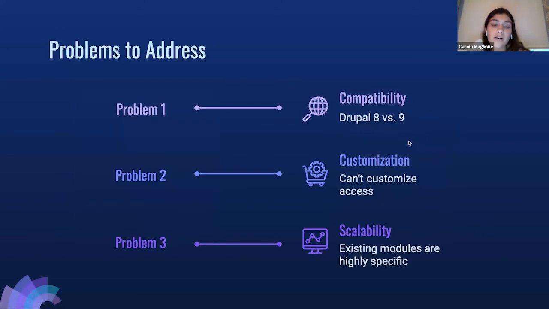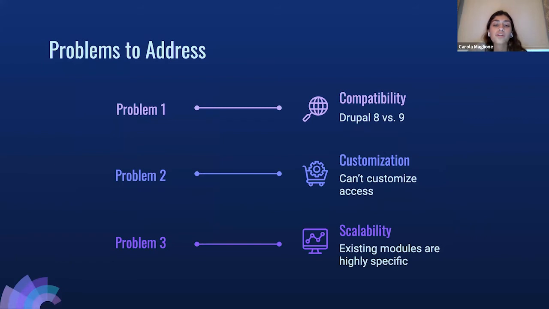After talking to our stakeholders, we were able to identify 3 common problems with the current BasicShib modules. The first one is compatibility. Since many are still in the process of migrating sites from Drupal 8 to Drupal 9, we wanted to make sure that our module is compatible with both versions of Drupal. The second problem is a lack of customization.